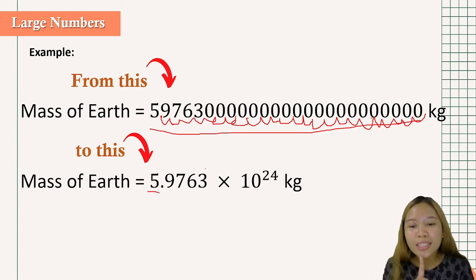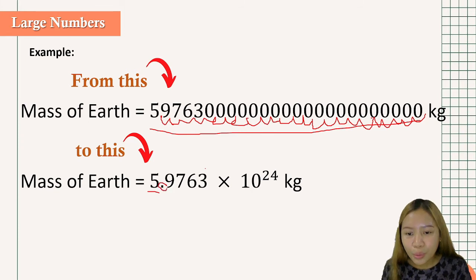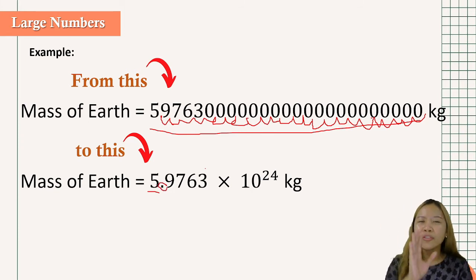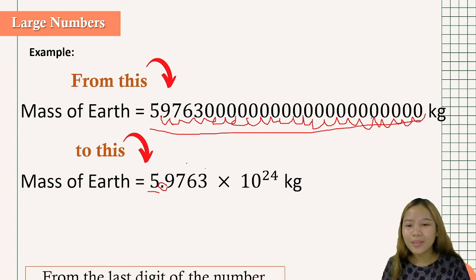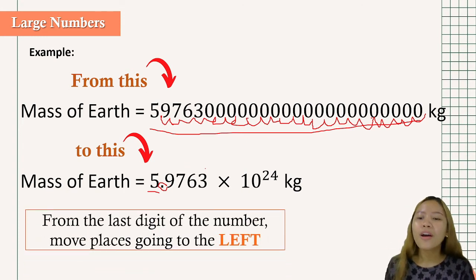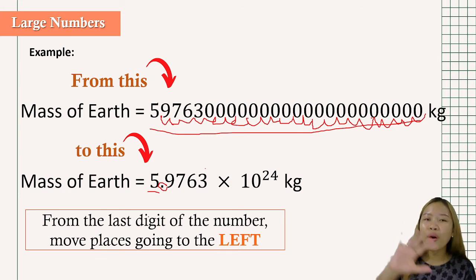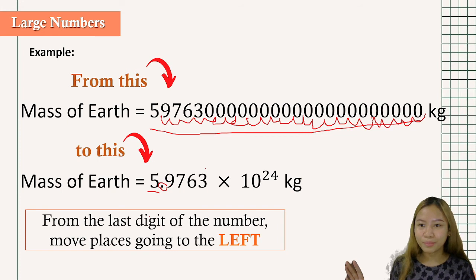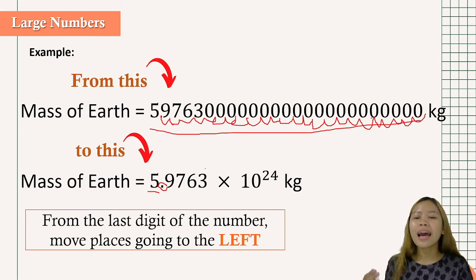So, kinahanglan isa lang na siya ka whole number. So, that's why nga diri kita nagpuntat sa kay 9. Hindi mo na siya pwede mag-59. Idugo mo man na siya. Okay. So, again, from the last digit of the number, we move places going to the left.